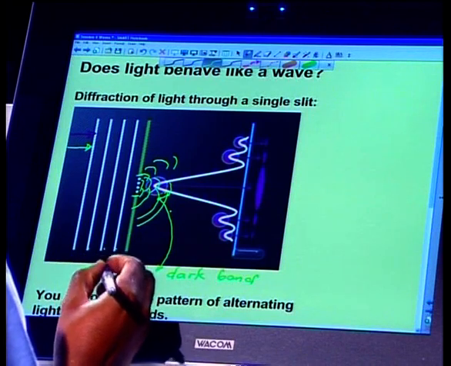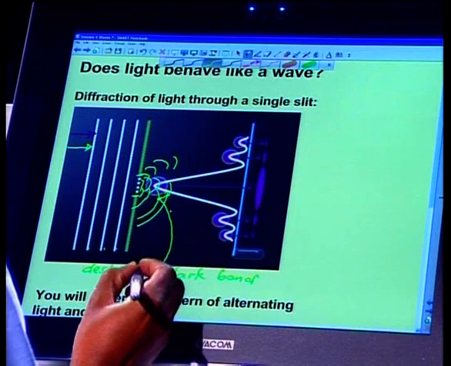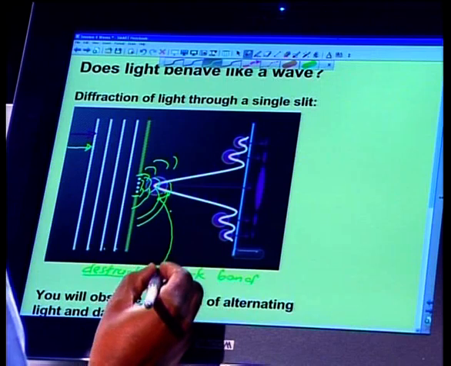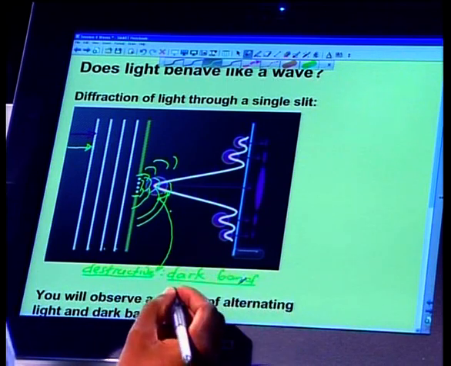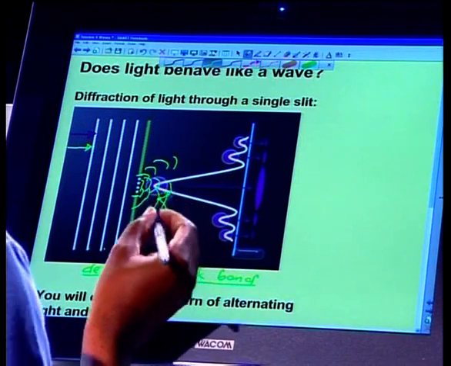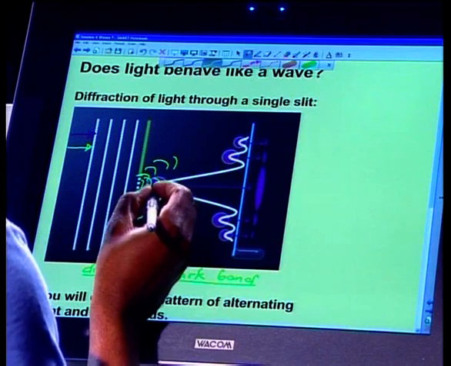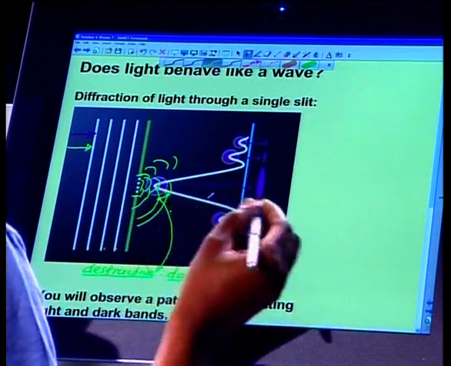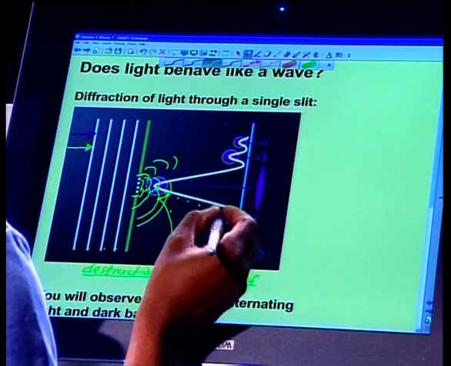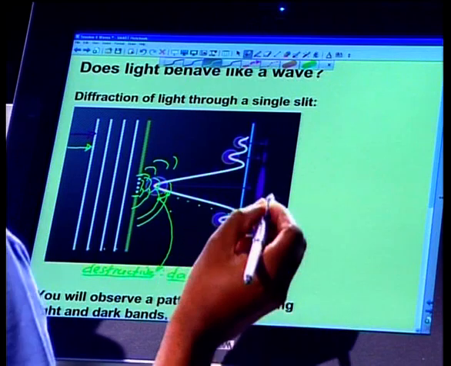If that is destructive interference, it means the light does not exist there. We should see a dark band. But there will be points like that one where the interference is going to be constructive.